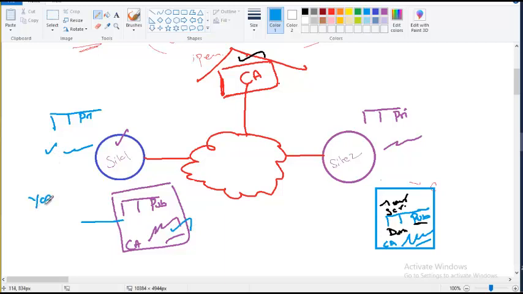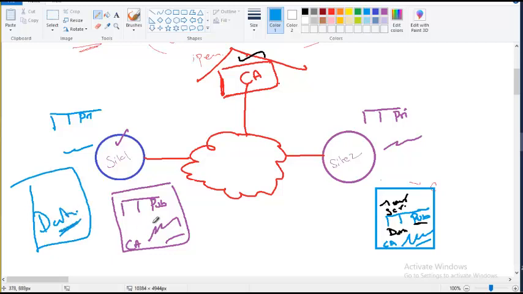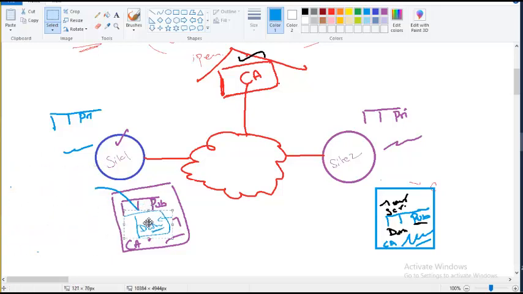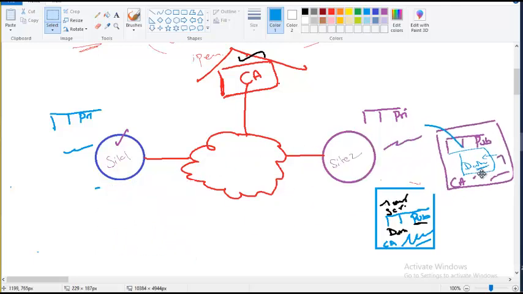Yes, it matched. Because the signature is matched, site 1 agrees to use this public key to encrypt the data that it wants to send. This data is now encrypted by this, and this encrypted data is now sent to the other side.